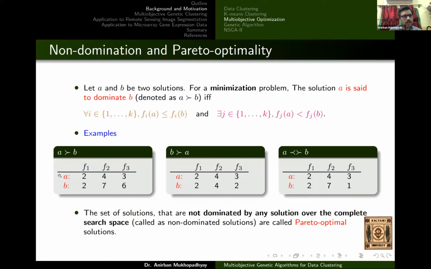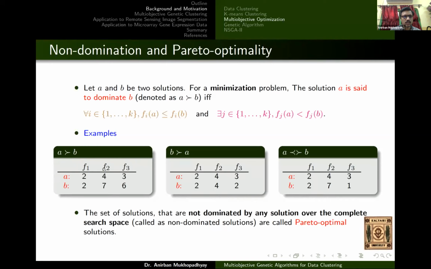Now if we compare two solutions, solution A and solution B, for a particular problem, and they are giving these objective function values for the three objective functions: solution A gives f1 is 2, f2 is 4, f3 is 3, and solution B gives 2 for f1, 7 for f2, and 6 for f3. For f1 both solutions give the same value.